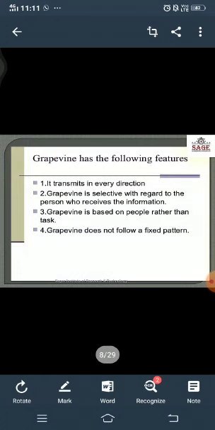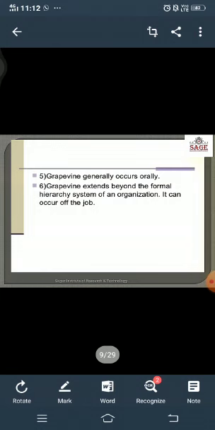Yes, exactly, because the formal channel will have a fixed pattern, like it will come from head office to the lower level, to the next level, and to the lowest level. But with grapevine we don't know, because the lowest level person might be sitting in the canteen with a person three levels up, and they are talking, so the communication has jumped two or three levels and reached the next level. Therefore it does not follow a fixed pattern.